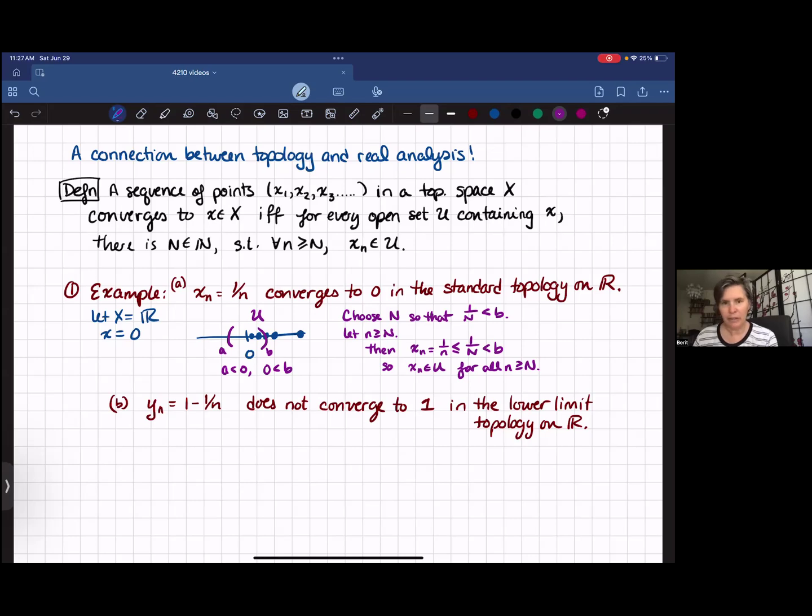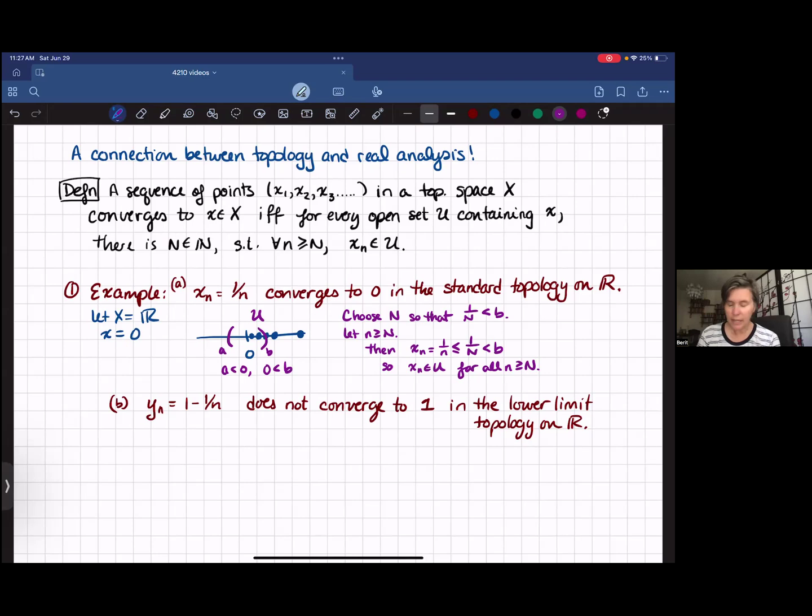I let little n be greater than or equal to capital N, and with a little bit of analysis-style inequalities, I showed that x sub n is in U for all of the n's after some capital N. That should very much remind you of limit proofs in analysis.